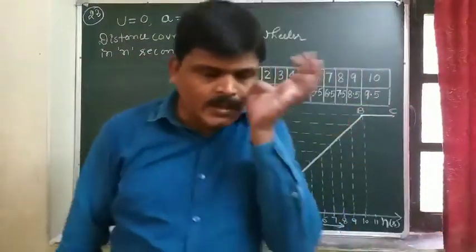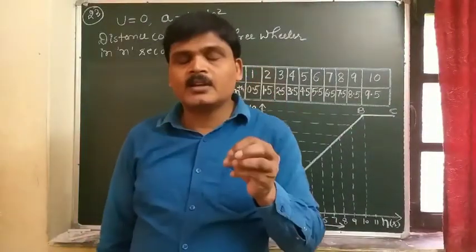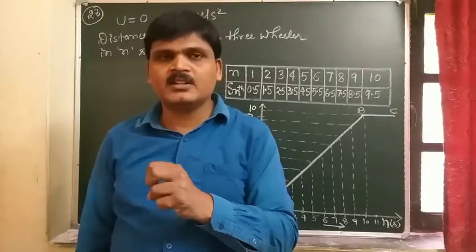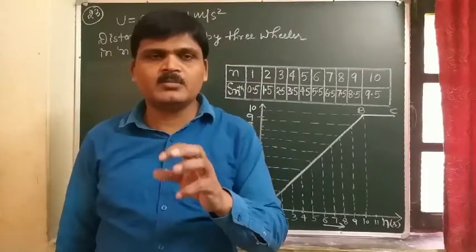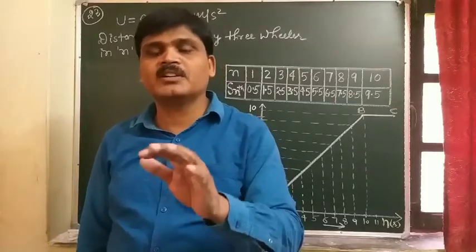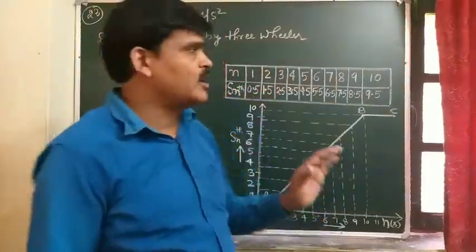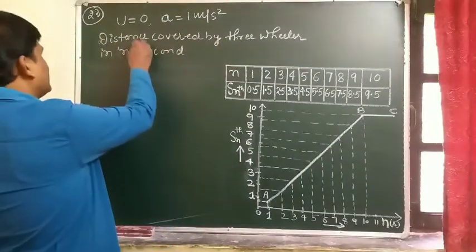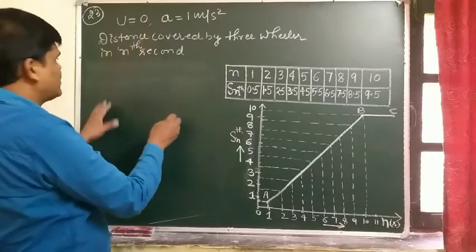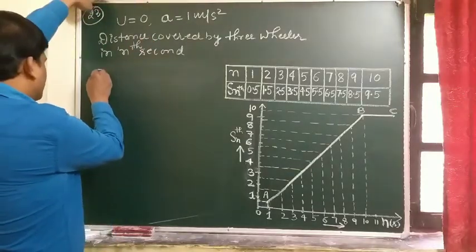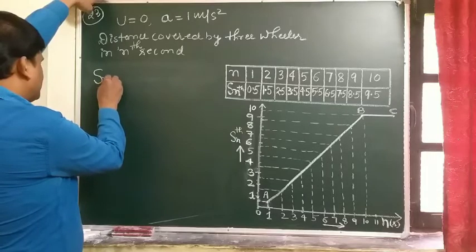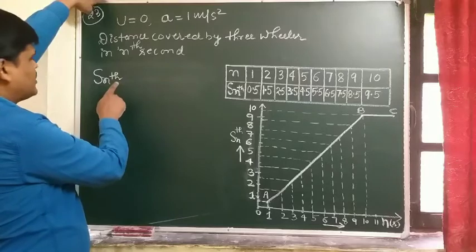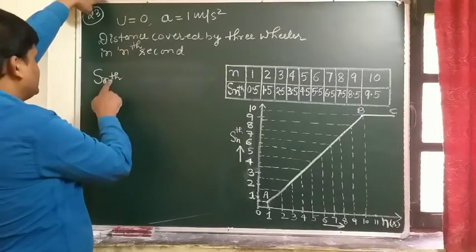Student, I have already explained the formula for the distance traveled by an object in the nth second. Here, the distance covered by the three-wheeler in the nth second comes out to be Snth.